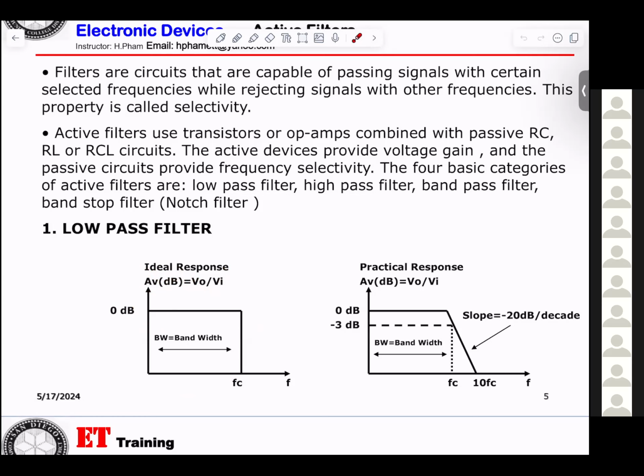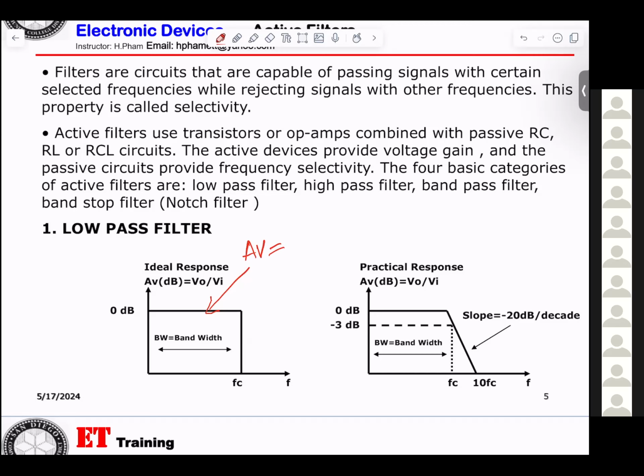So at this point here, what does AV equal? We're not talking about 0 dB. Nobody understands much about decibels. We're talking about the numerical value.